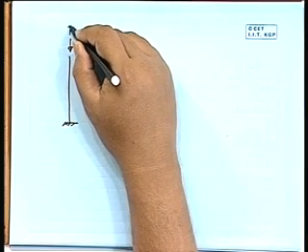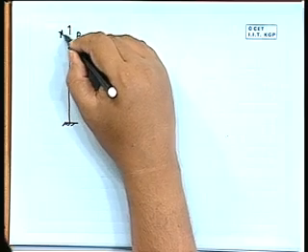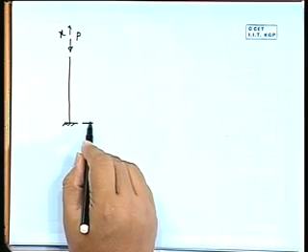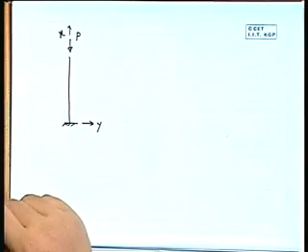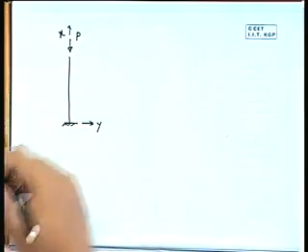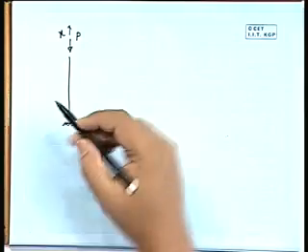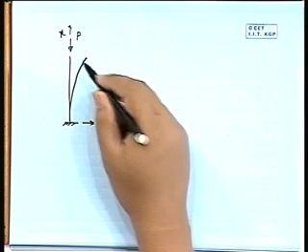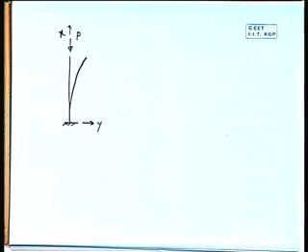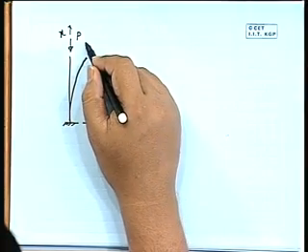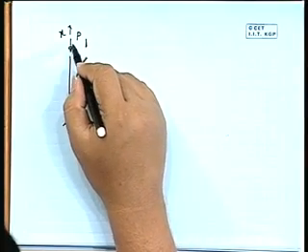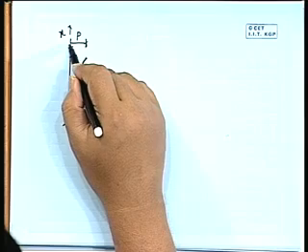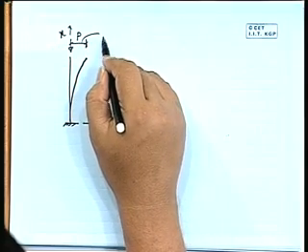Say this side is your x and this side is y. We could keep the page in that manner also, no problem. Now due to that load, there should be a deformation like this, right. Here this part is a delta.